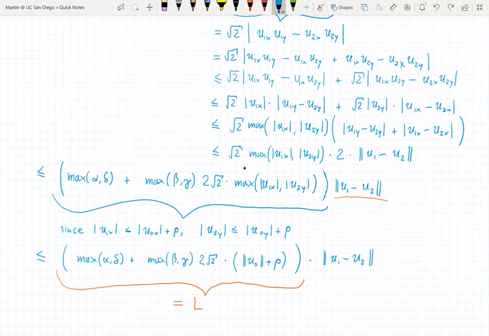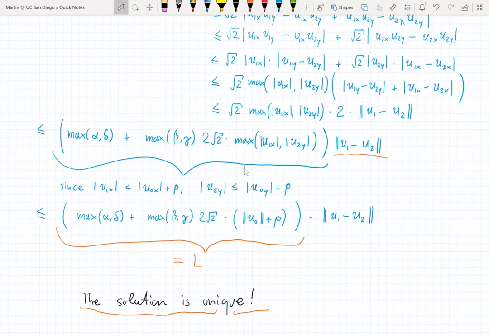And it does not depend on the vectors u1, u2 taken from this ball of radius rho around u0. So what I find is that the solution starting at time t0, going up to some time tau, is indeed unique.